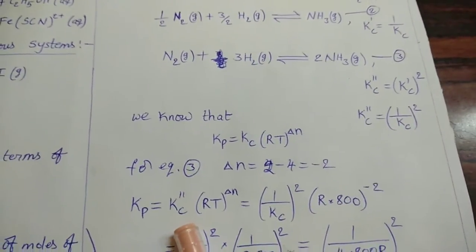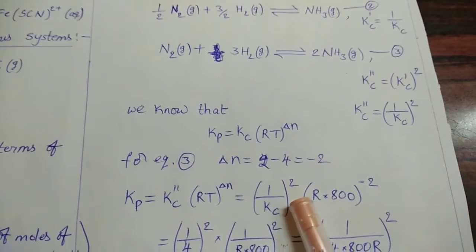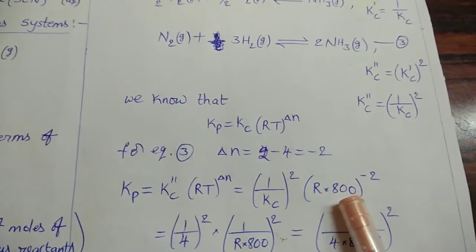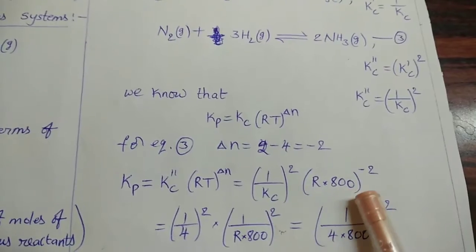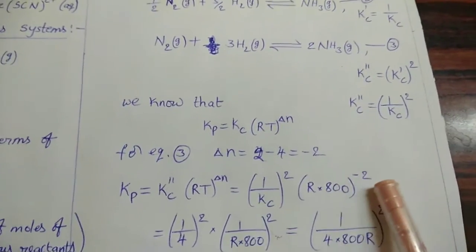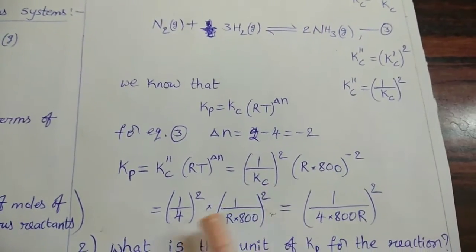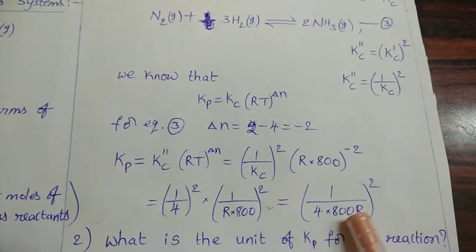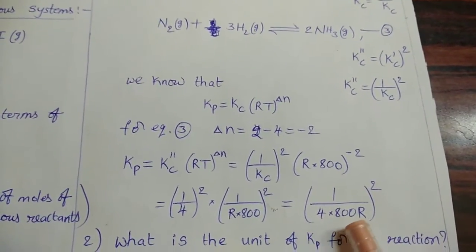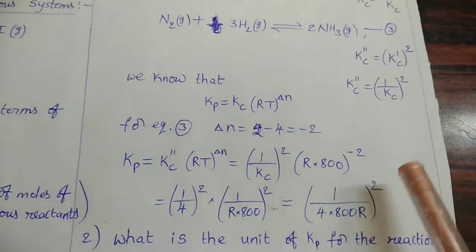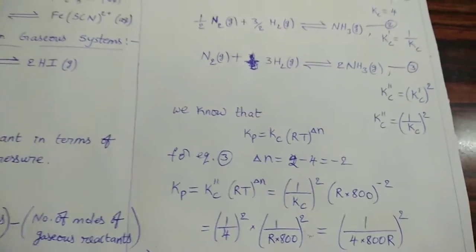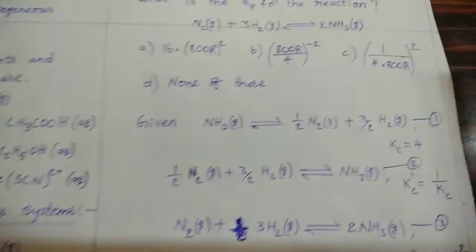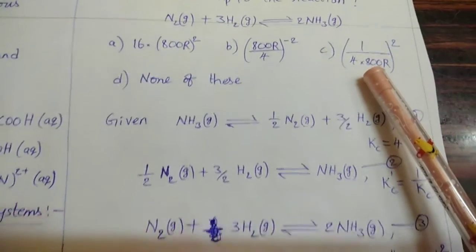So Kc double prime means 1 by Kc whole square into R into temperature in Kelvin, 800, whole power minus 2. Here Kc means 4. Substitute that value, then we get 1 by 4 into 800 into R whole square. So what is the option? Option C is the answer.